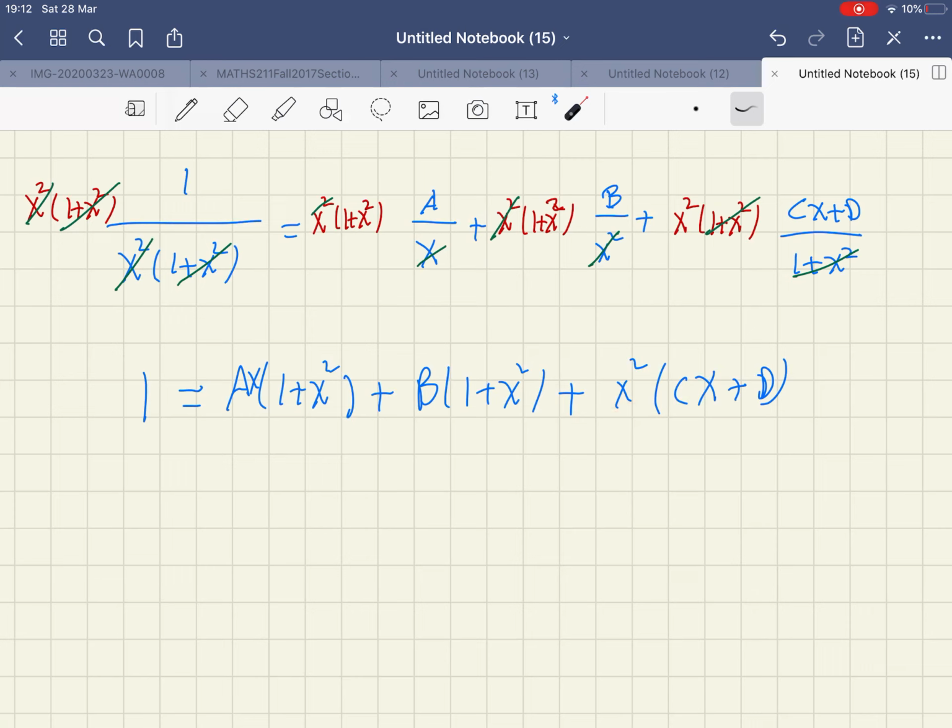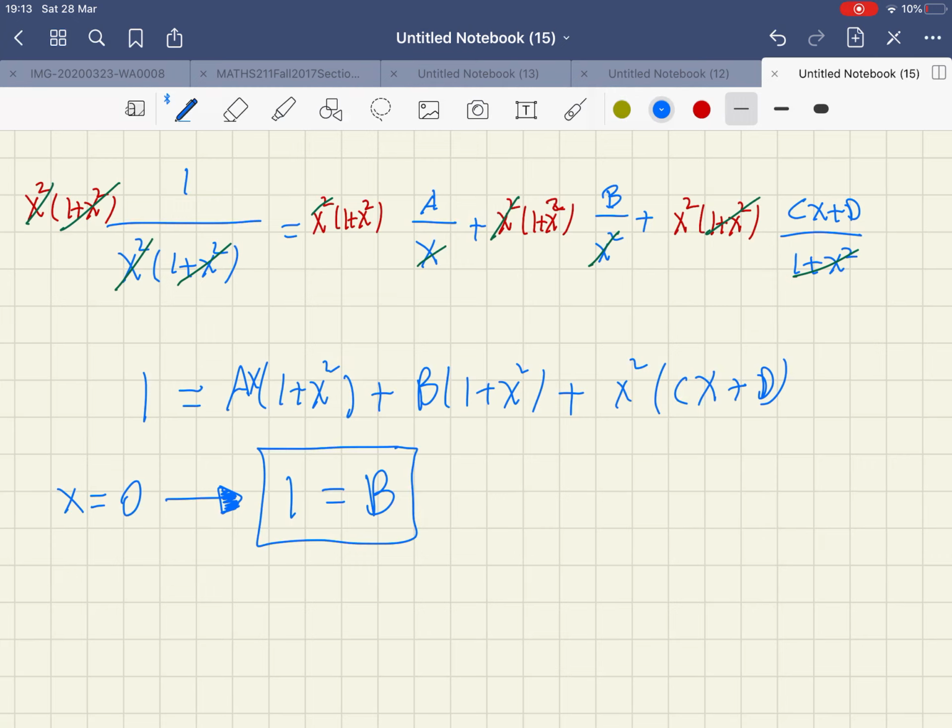So we substitute x equal to 0. If we substitute x equal to 0, 1 on the left side, this will be cancelled. Boom. This will be cancelled because here will be 0. And this will be 1 plus 0, which is 1 times b. So we find the value of b to be 1. Good news, we know what is the value of b.